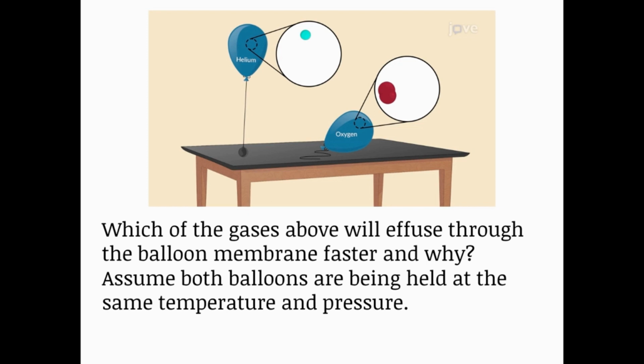Helium has a molar mass of 4.00 grams per mole, and oxygen gas, O2, has a molar mass of 16 times 2, so it's 32.00 grams per mole. So helium gas will effuse quicker since it has a smaller molar mass, meaning it is lighter, so it will be easier for it to escape and effuse.